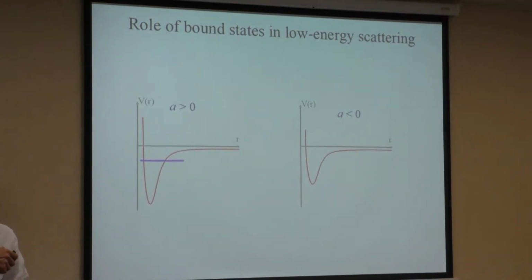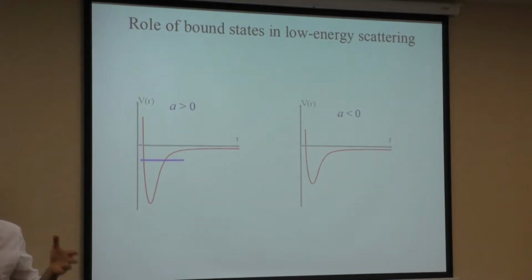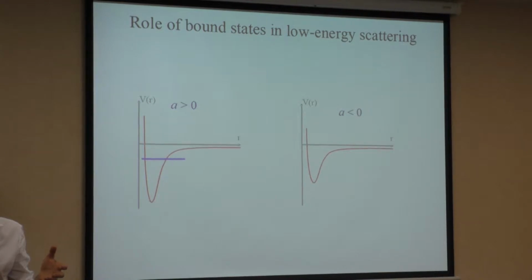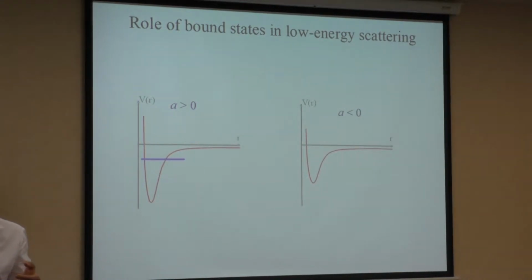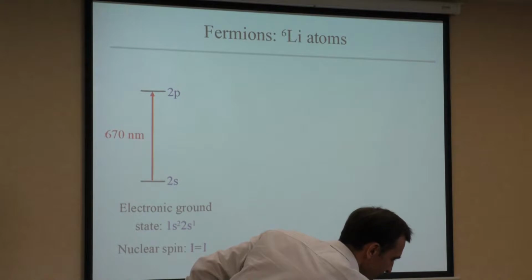It's changing the depth of this interatomic potential. For electrostatic potential, it's very hard to change the depth. You would really break into the structure of an atom. There is a simpler way of tuning the scattering length, of tuning the interactions. And this way is called Fano-Feshbach resonance.